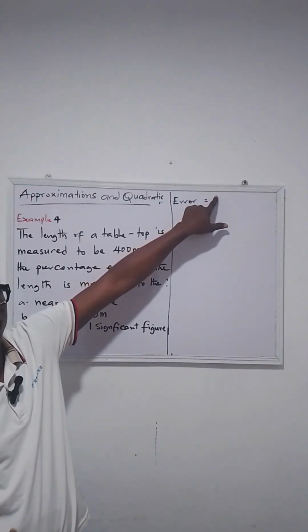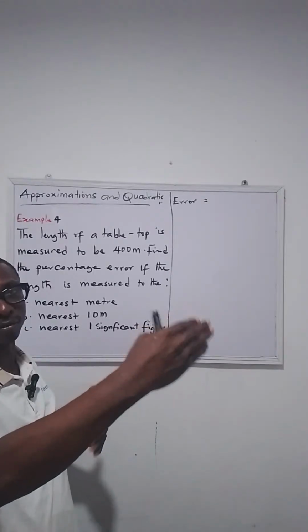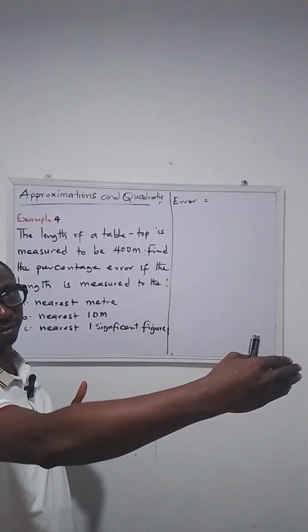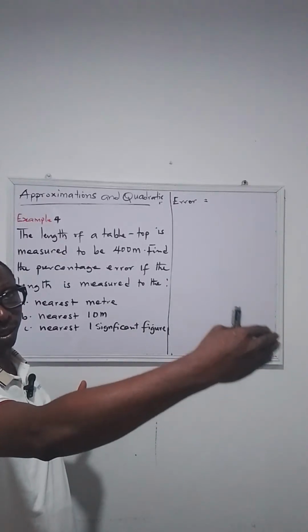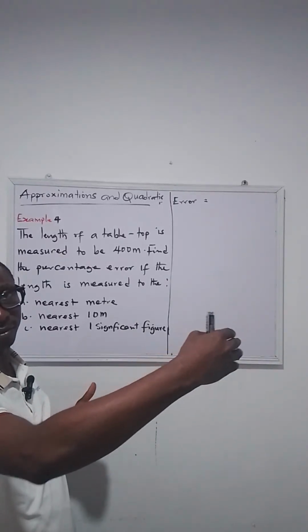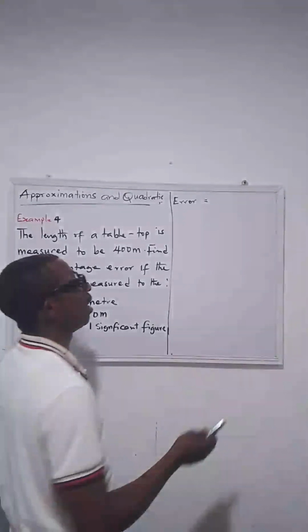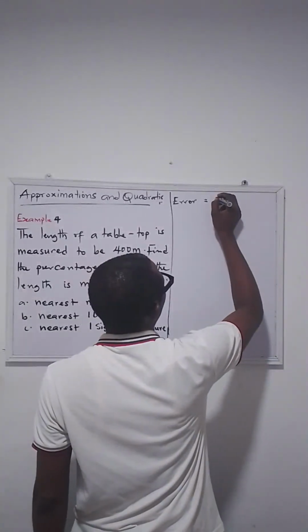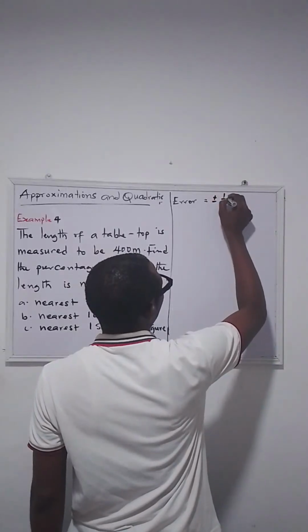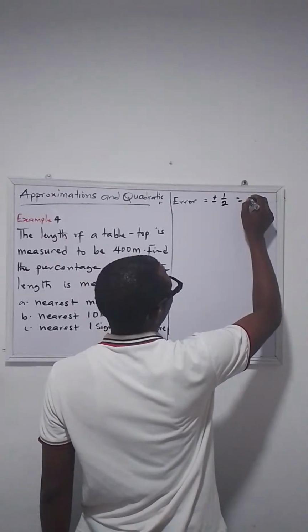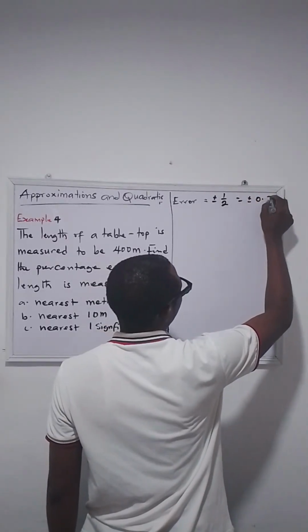Okay, so we are going to add 1/2 to the right and reduce the left by 1/2. You get that now? So our error is going to be plus or minus 1/2. That is the same thing as plus or minus 0.5.